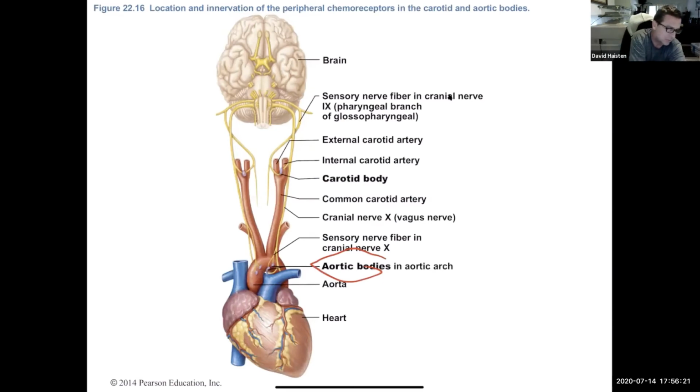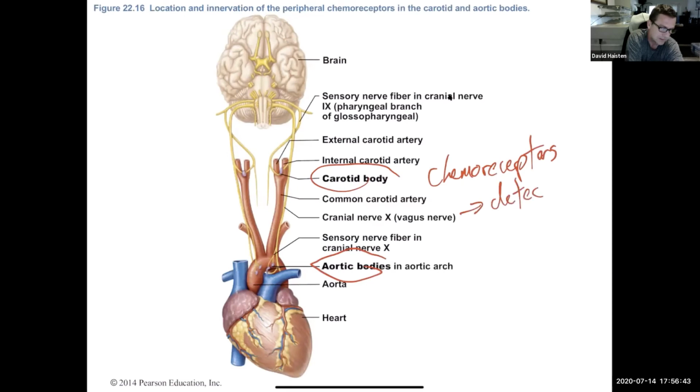And you have the carotid bodies, which are located at the junction of the internal and external carotid artery. What these are is chemoreceptors. They detect blood pH.